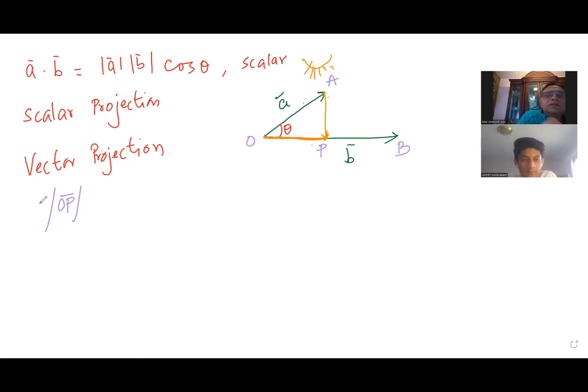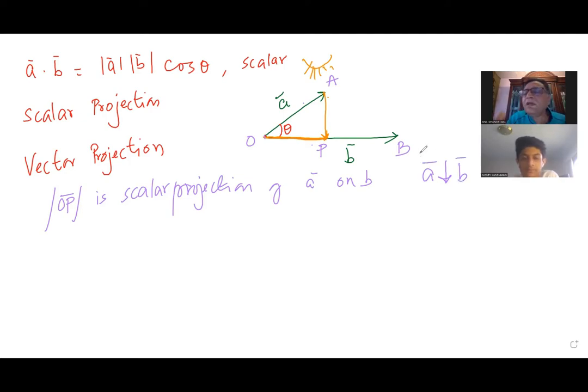Because OP is the scalar projection of A on B. We also write this as A projection on B. Is that clear to you? If it is scalar projection, we'll write magnitude. We are only interested in magnitude.